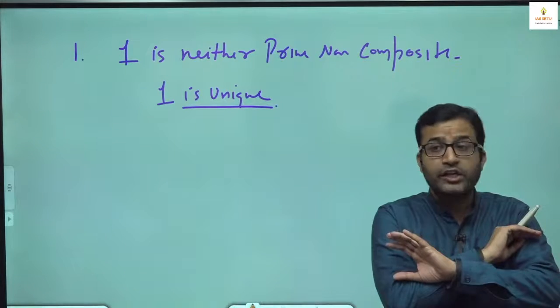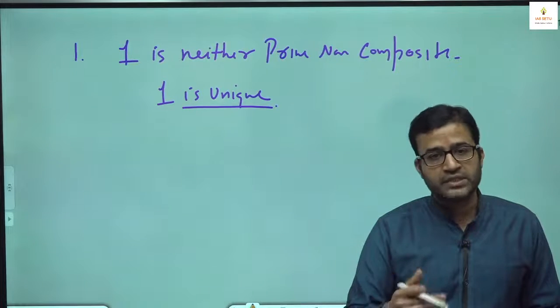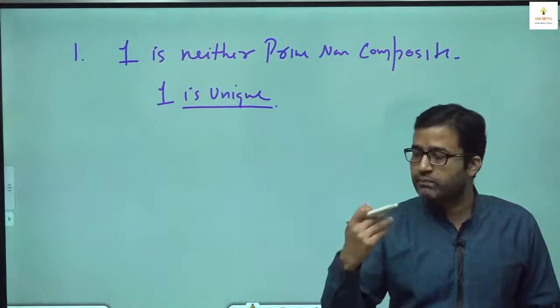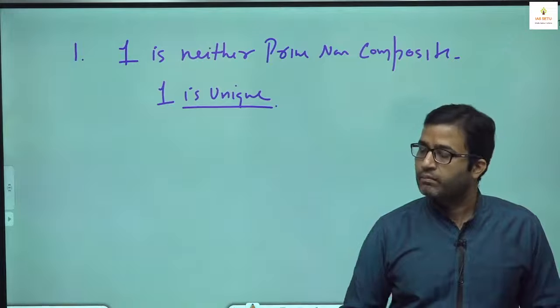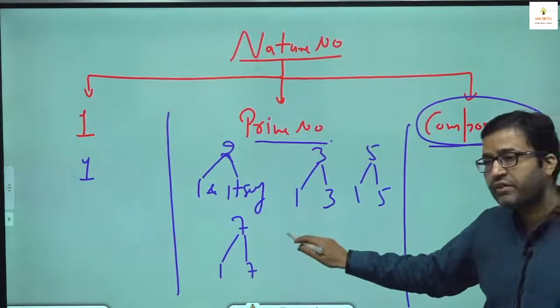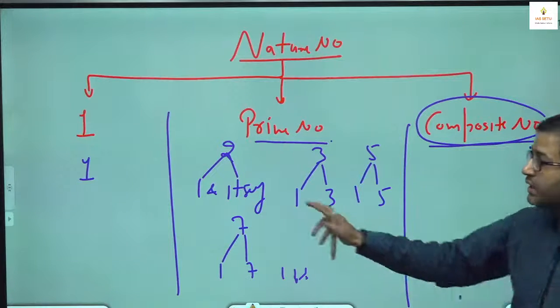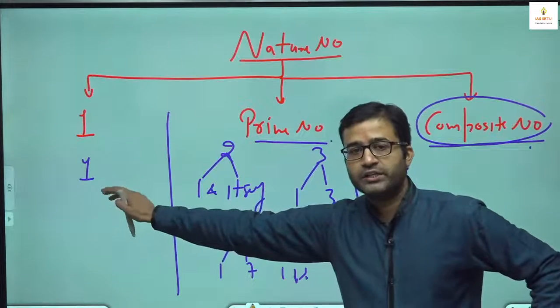Other than 1, there is no other natural number. Prime numbers we have infinite, composite numbers we have infinite, but 1 is just 1. Here you have only one. 1 is unique.